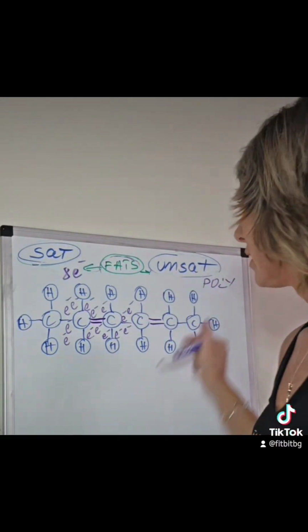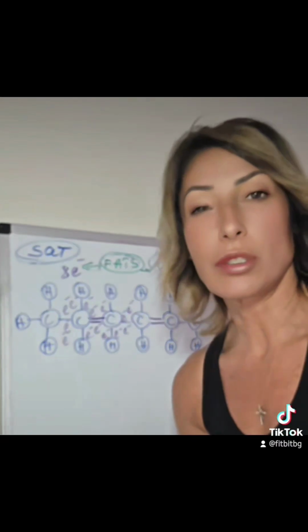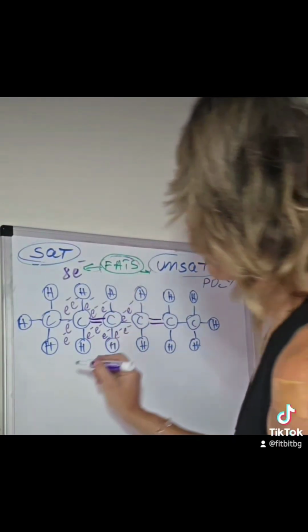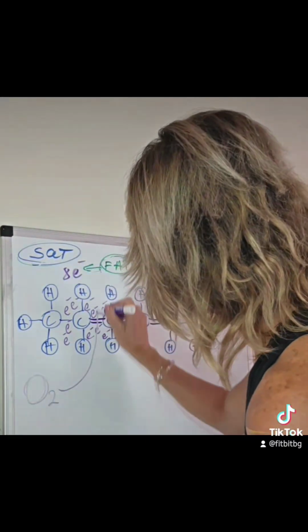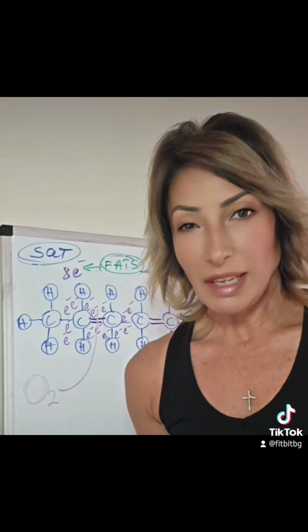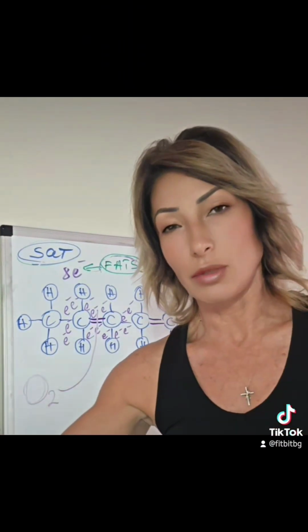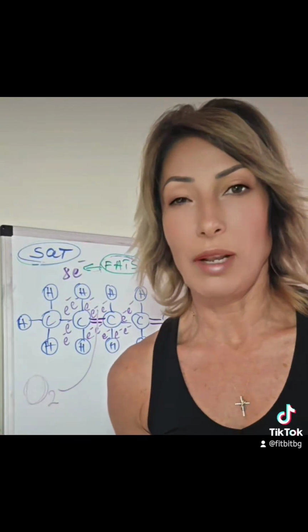So what happens is, let's say that you're cooking with this oil or you're just keeping it outside. It gets oxidized, meaning the oxygen comes in and breaks that double bond, because it's a very weak chain link. Imagine a chain that you use to lock your door or whatever.